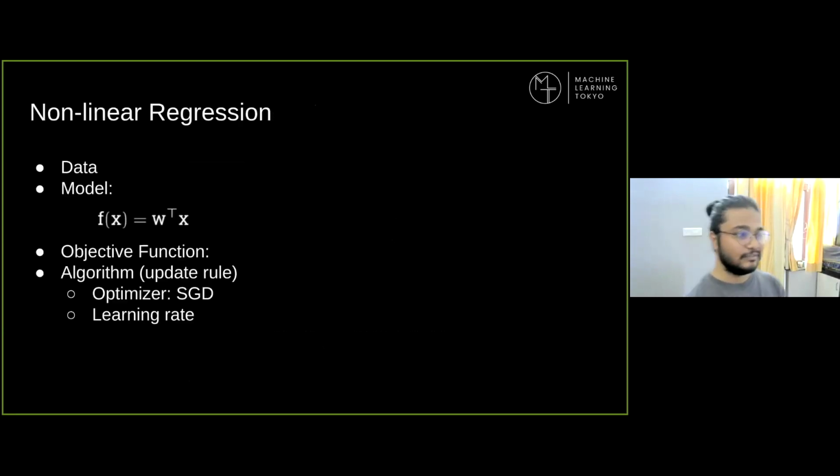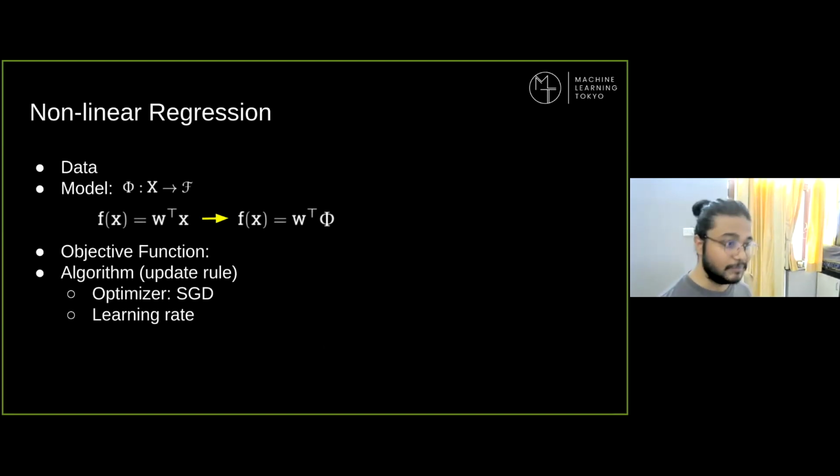So the way to deal with it is to go back to our model laboratory, if you will. So we have the original linear function, right, which is W transpose X. What we can do in order to inject non-linearity is by transforming our X in such a way that will make our outputs nonlinear.